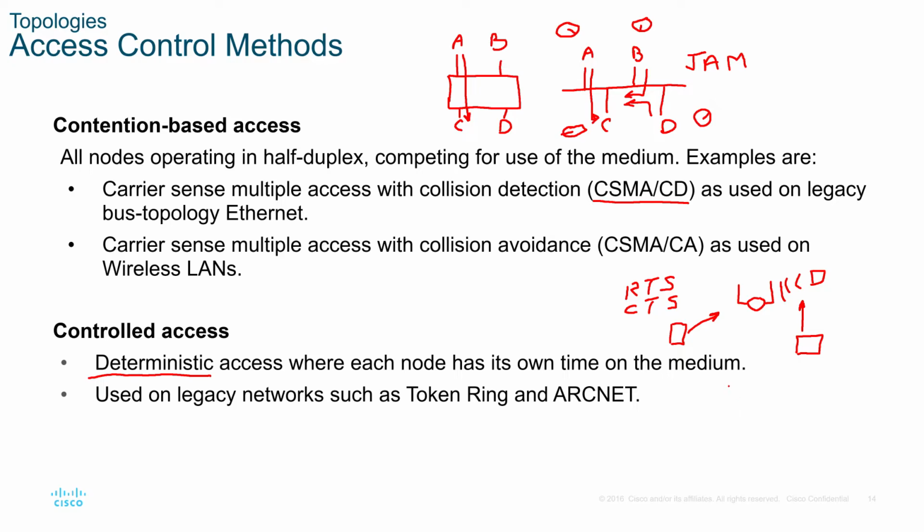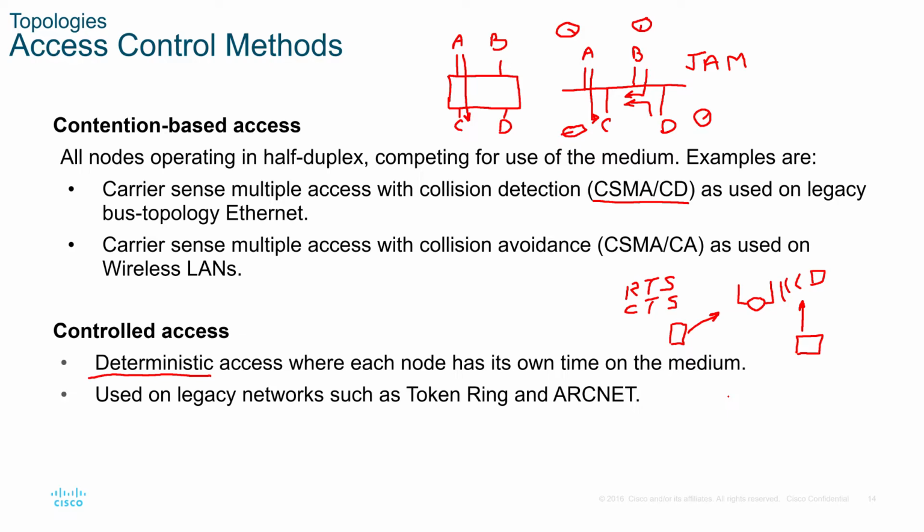If the host has something to transmit, they modify the token and put it back out onto the network. Once the receiving system has received the data, they too modify the token so that the sending system knows that the data was received. When it comes back to the original sending system, they will clear the token and send it on to the next system.